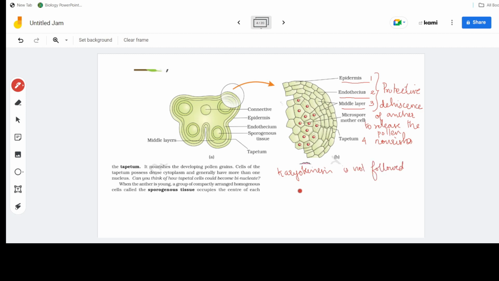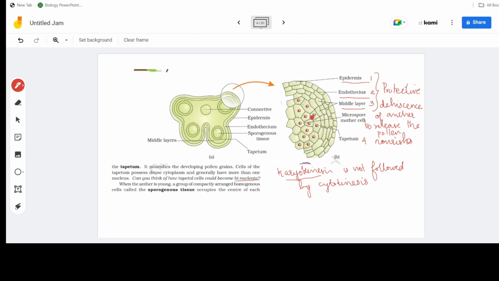Do you have any idea about karyokinesis and cytokinesis? During cell division, the division of the nucleus is called karyokinesis, and the division of the cytoplasm is called cytokinesis. So during the formation of the tapetum, after the nuclear division, sometimes the cytoplasm fails to divide. In that case, tapetal cells can get 2 nuclei, and that's how they become binucleate.